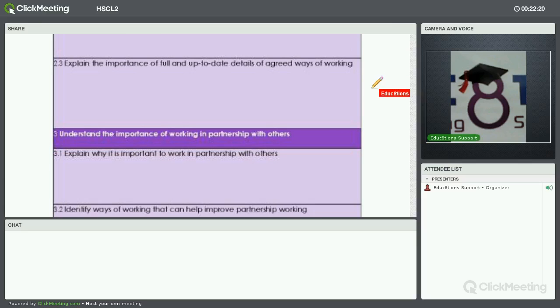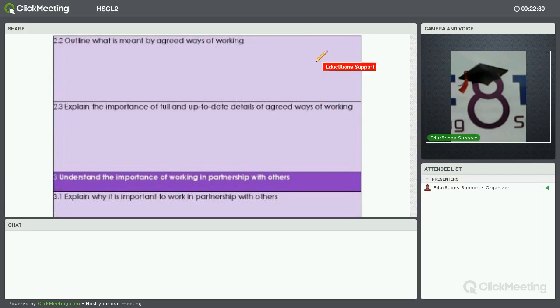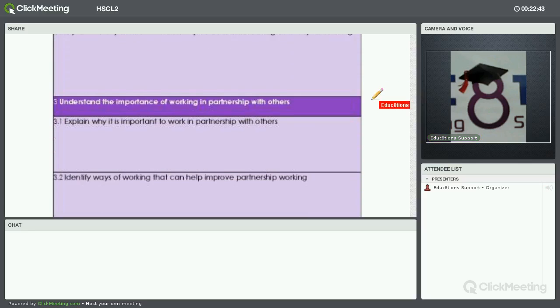Explain 2.3, explain the importance of full and up-to-date details of agreed ways of working. So obviously you just answered 2.2, telling me what is meant by agreed ways of working. Now I want you to explain the importance of full and up-to-date details of agreed ways of working.